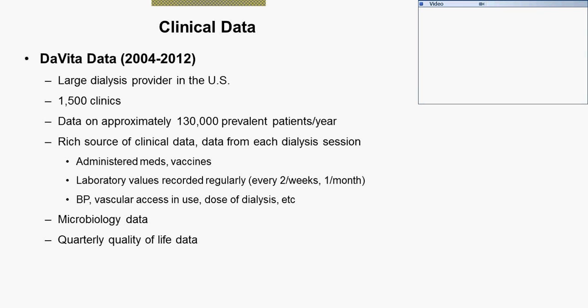We get clinical variables recorded when they're in the clinic, blood pressure, for example. We also get microbiology: these patients often develop infections, so blood cultures are taken to guide treatment, and we get data on what kind of organisms are found in the blood.